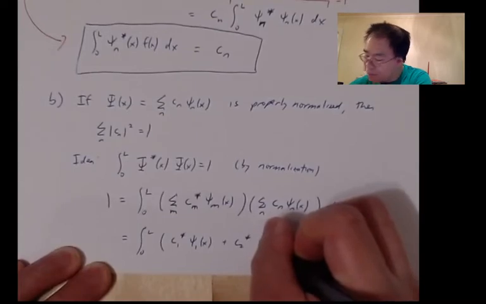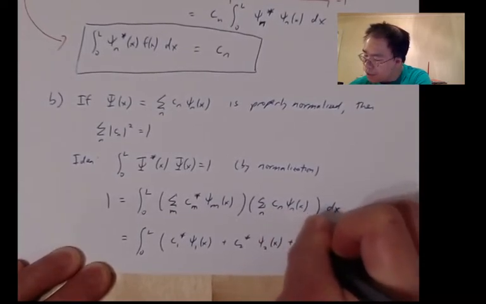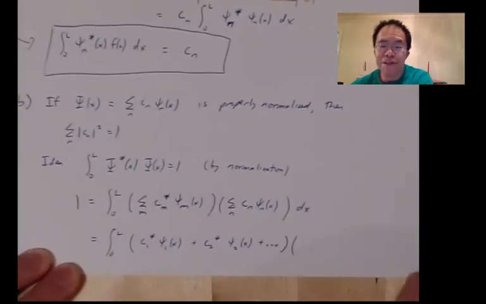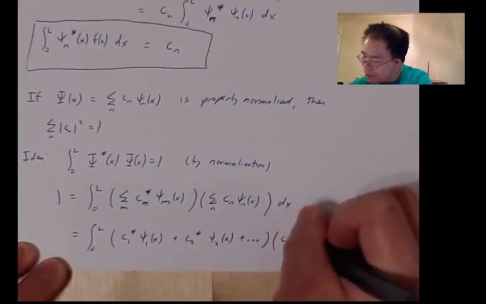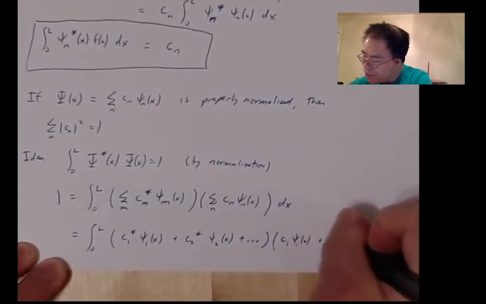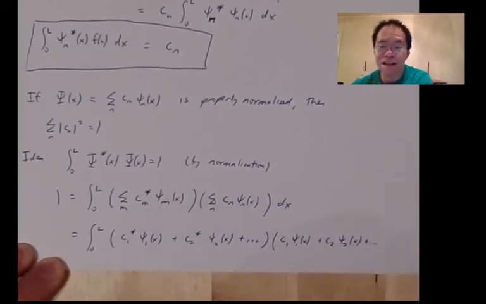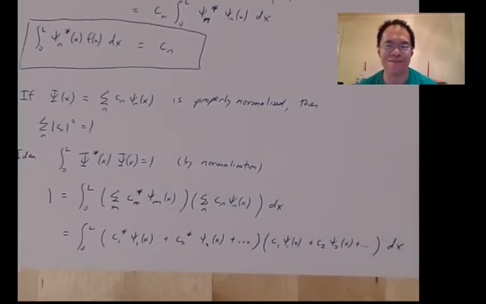So I'm allowed to do that. Plus dot dot dot. And then for the second piece here, we have C1 psi 1 plus C2 psi 2 plus dot dot dot, and finally our integral dx.